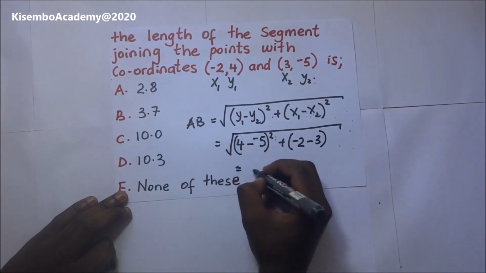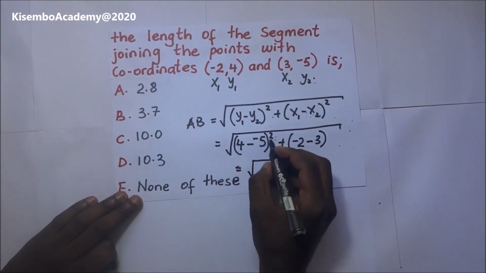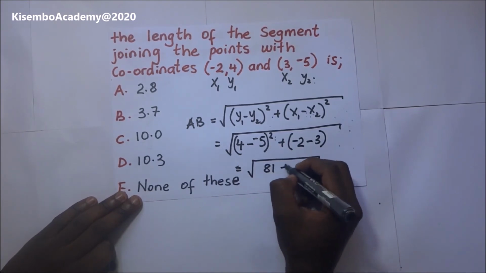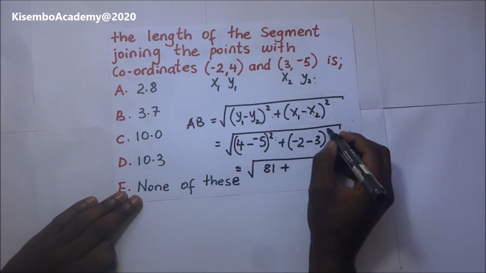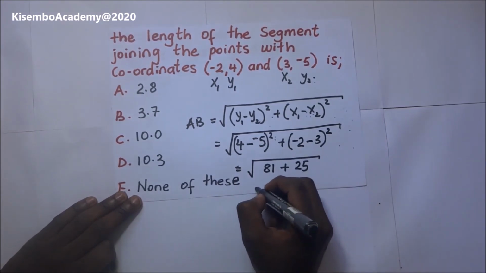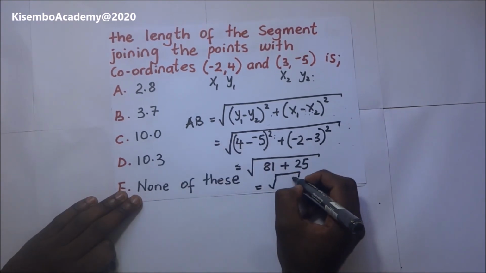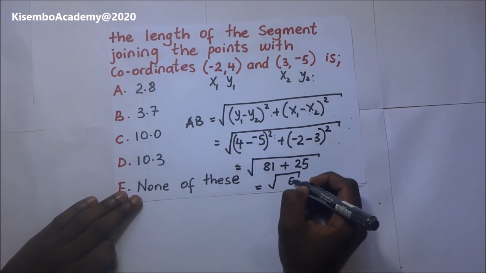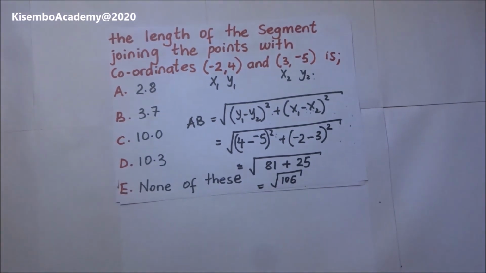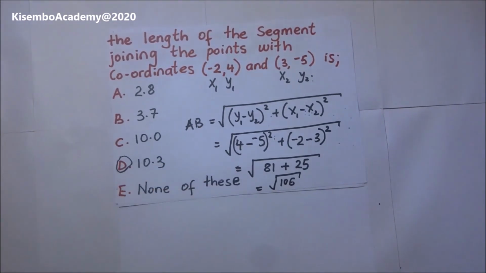So we shall end up having the square root of, this is 4 plus 5, which is 9. 9 squared is 81, plus negative 5 squared is 25. So AB is the square root of 106. Now the square root of 106 is approximately 10.3. So our answer is 10.3.